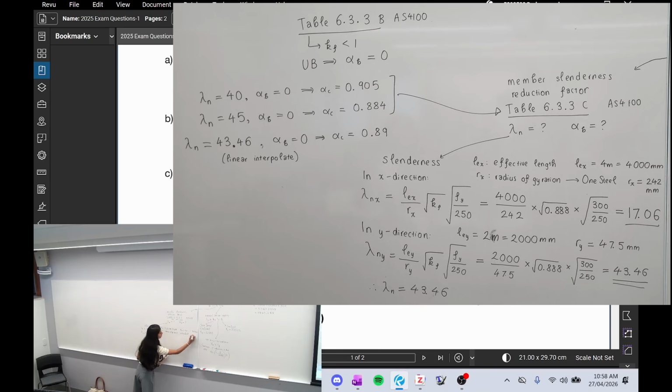That gives you a radius of 242 millimeters for the section that we're looking at.